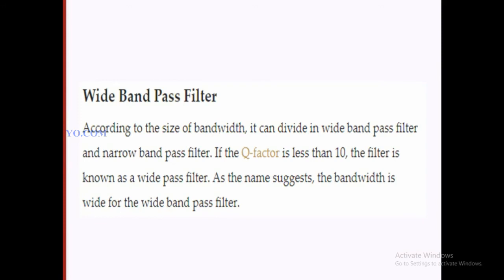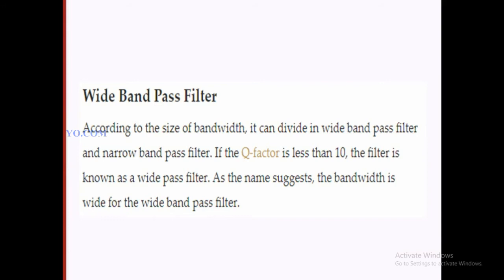Next we are going to see what a wideband filter is. According to the size of the bandwidth, it can be divided into wide band pass filter and narrow band pass filter. If the Q factor is less than 10, then the filter is known as a wide band pass filter.